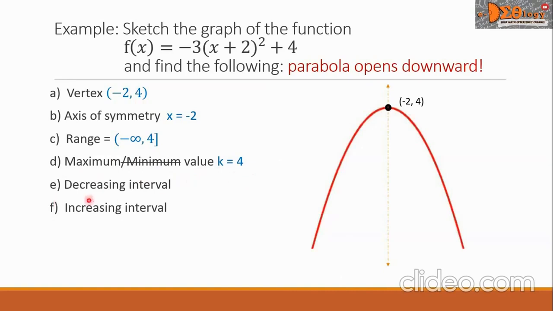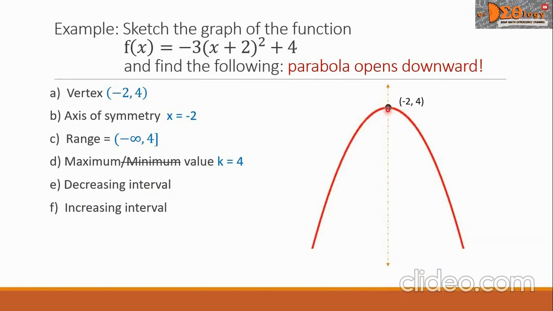Now letter E, decreasing interval. With respect to the axis of symmetry, the right side of the parabola is our decreasing interval. Do you remember? We're going to read the graph from left to right, and when it is going down, that is the decreasing interval.